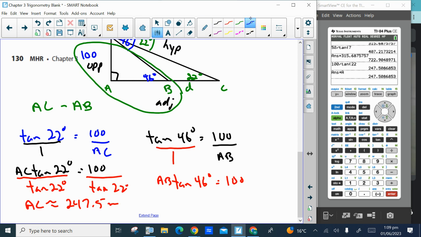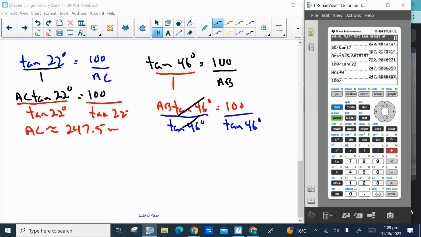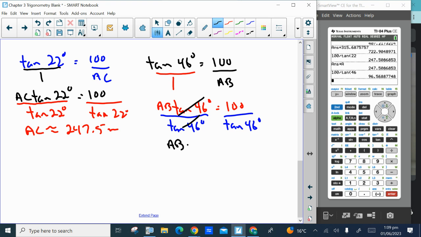And then divide both sides by tan of 46. So 100 divided by the tan of 46 is 96.6 approximately. Meters.